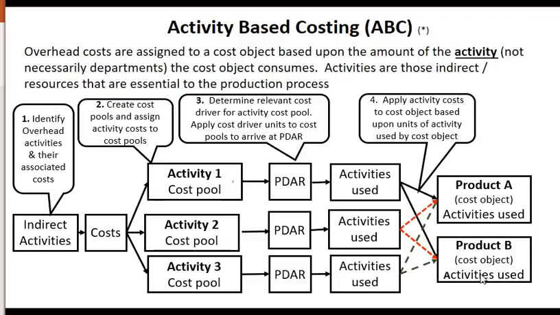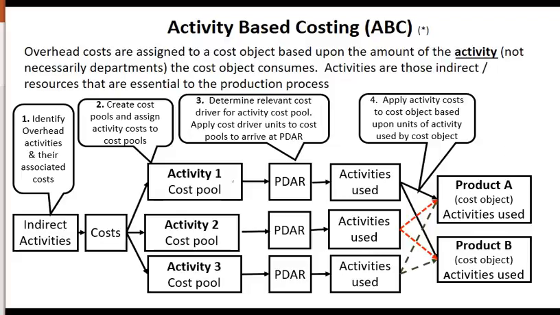Product B is using, again, activities from activity 1. Product B is also using activities from activity 2, and product B is also using activities from activity 3. But again, if the product is not using the activity, that product line should not be paying for that activity.